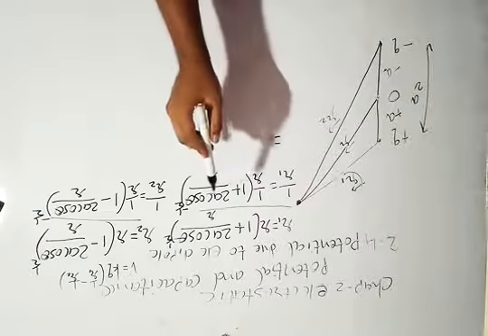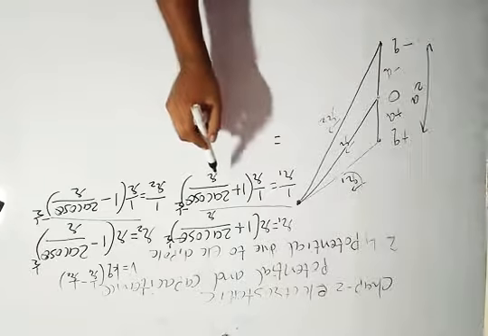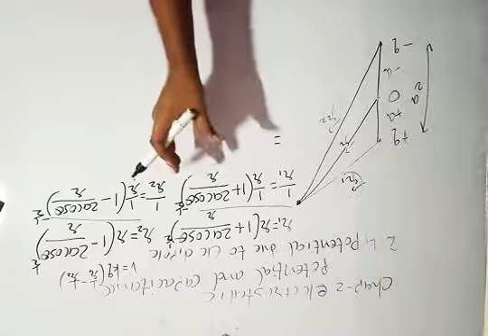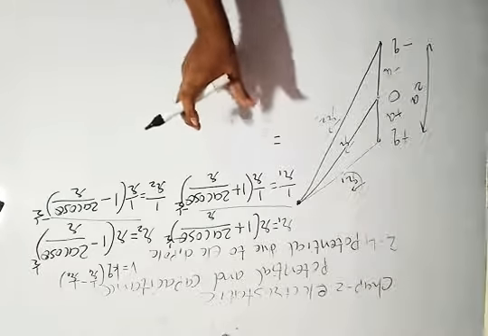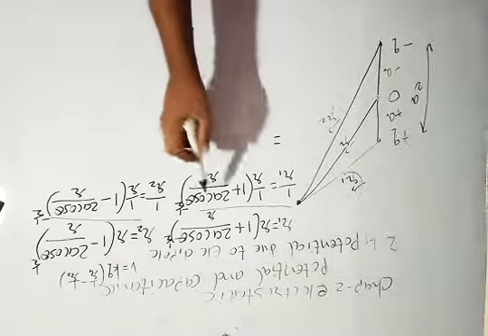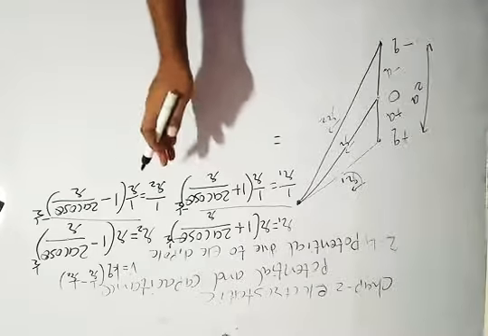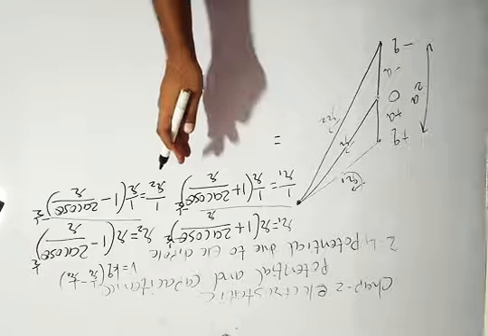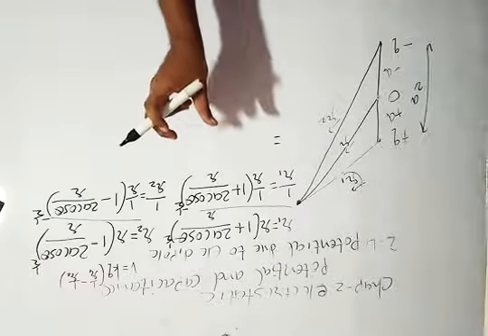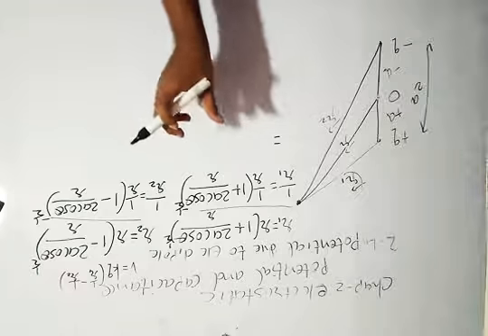Clear? In the actual polynomial expansion we are left with infinite terms, but for the simplification of this equation we only take its second term, because further terms will be neglected because of high powers, and because of their high powers their value is very small. Clear?